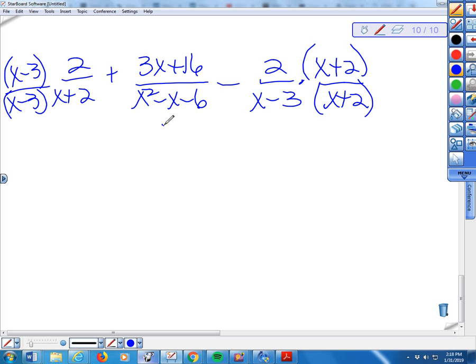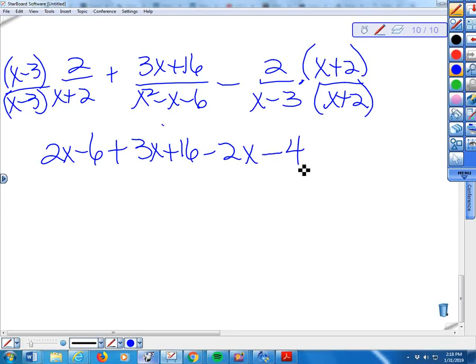So I have 2x minus 6 plus 3x plus 16 minus 2x minus 4. Okay, I kind of skipped a step. It's 2x plus 4 here, but then it's subtracting that whole thing. So you've got to distribute your negative. This is where you're going to mess up. You won't think you will because you get it now, but you're going to mess up.